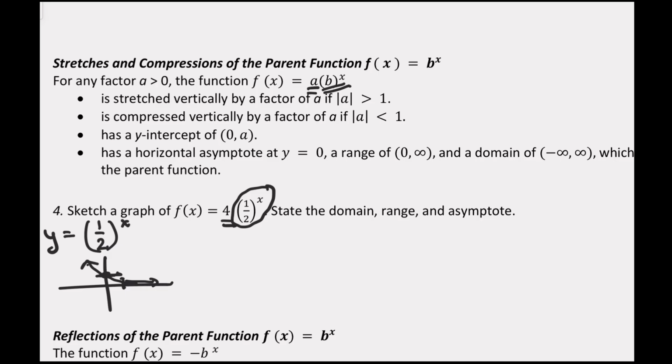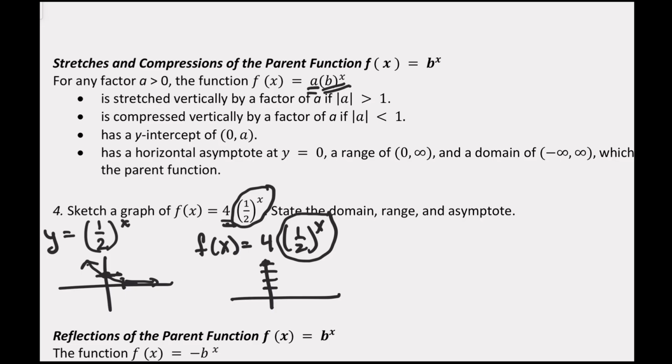But when I throw a 4 in the front of it, when we plug in a 0, yes, this part becomes a 1, but now you're magnifying it by 4. So now it's here. When we plug in a 1, we would normally get 1/2, but now we're going to get 1/2 times 4, so that's a 2. So it kind of has the same appearance, but it has been stretched vertically.